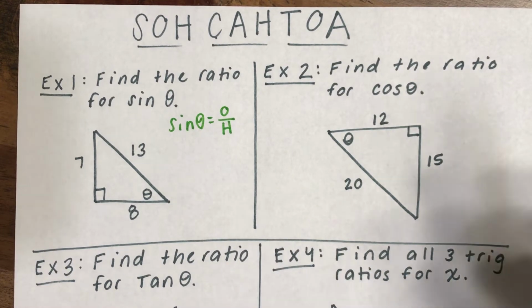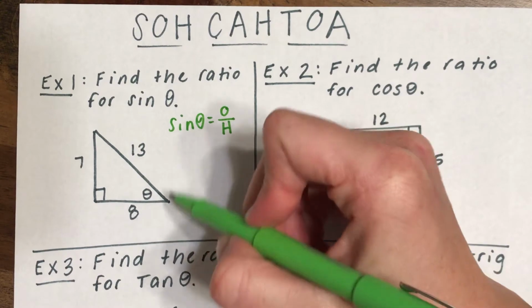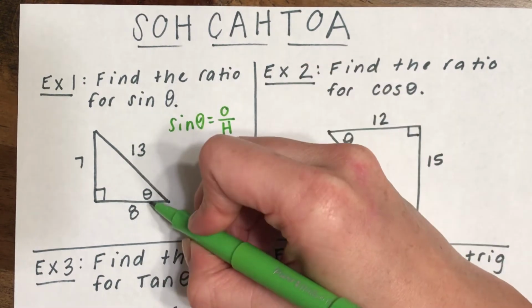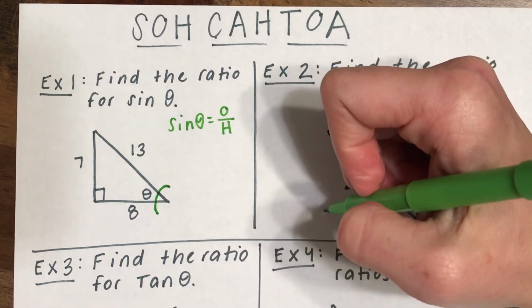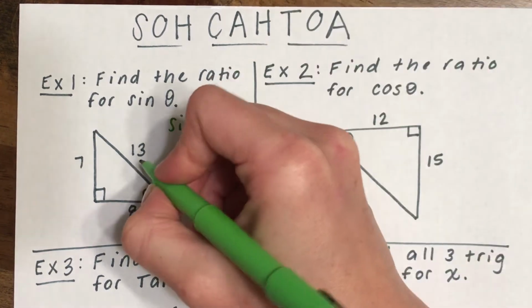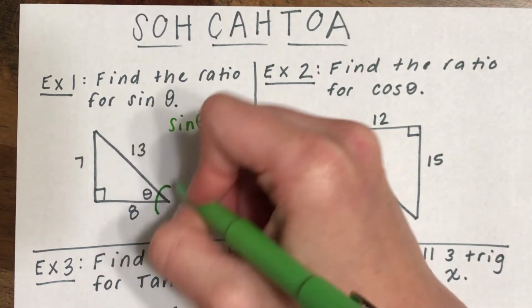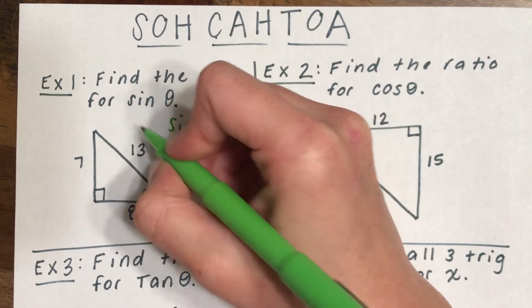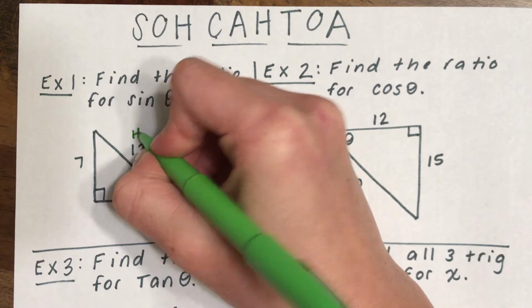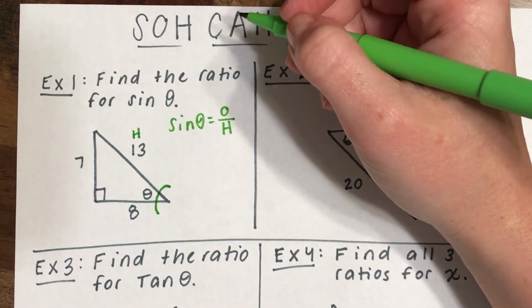Okay, so we are going to start by labeling our triangle. We can see the reference angle is down here, so I'm going to put a little tick mark there just to remind me. Since we're given numbers in this example, I'll just write O, A, or H over the number. 13 is the hypotenuse, since that's the longest side.